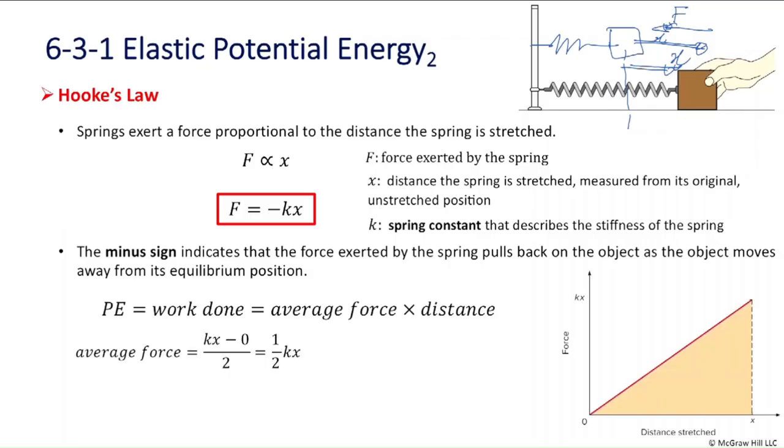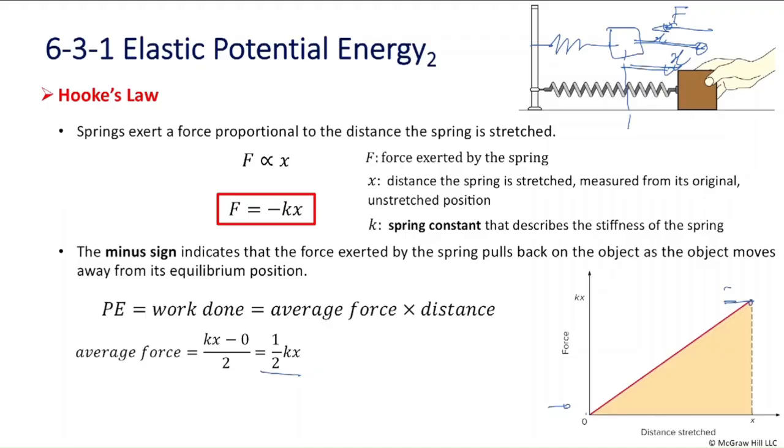So if we plot force versus displacement, we can find the average force. The average value is final minus initial over 2. Therefore, average force is equal to half kx. Okay, kx minus 0 over 2, which is half kx.